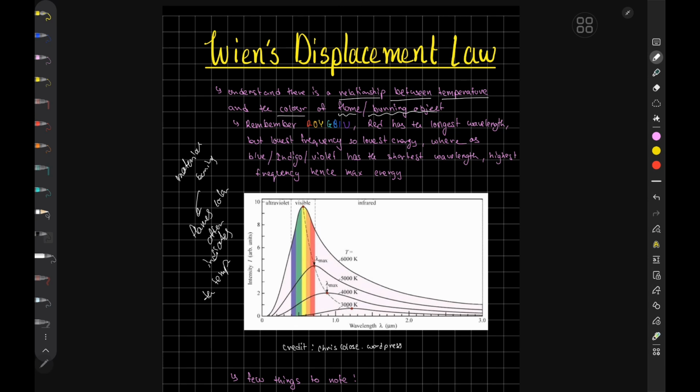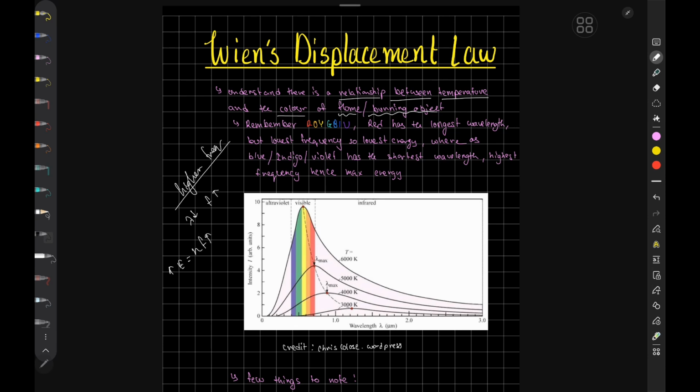How so? For example, when you have something more towards blue, indigo, violet, that means higher frequency. Do you agree with me on this? Yes, of course it does. Blue means lower wavelength and a higher frequency. And what do you know about the energy equation?